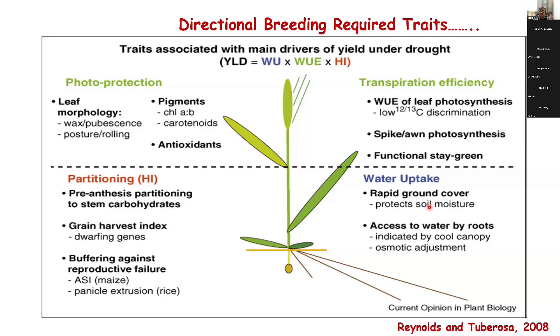So at the point when we are looking to break this yield barrier, we need to look at what kind of traits we can target. Are we planning to have a deep root system so the plant can take up a large amount of water? Another step is what kind of antioxidant properties the plant has, for instance how much glycine betaine, proline and other compounds are there.